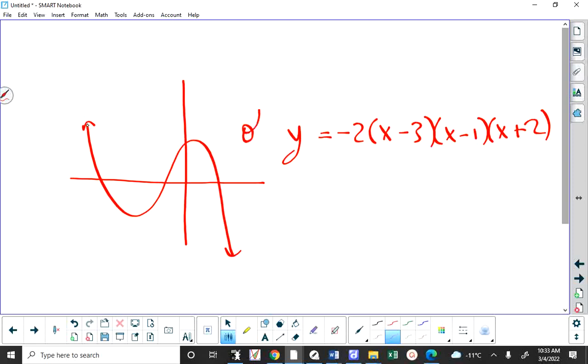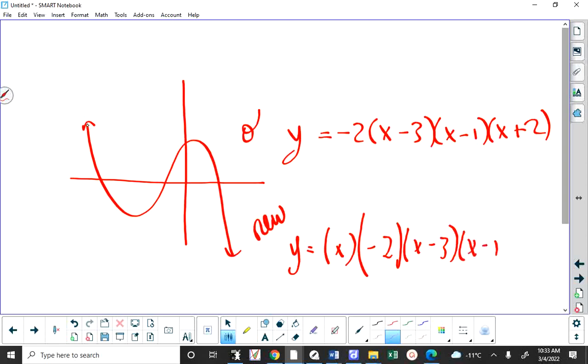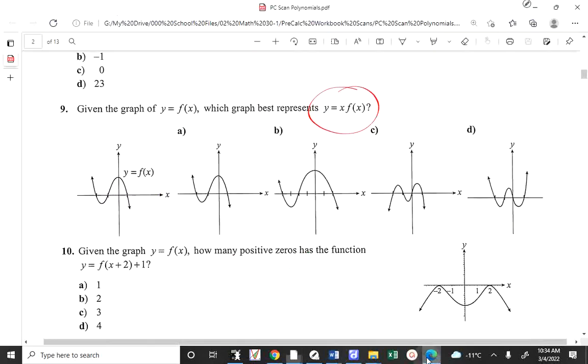This is the old one. The new one will be x times that, which is going to be a degree 4 polynomial function with a negative leading coefficient. Have a wonderful rest of the day, you guys, which means it has to be C. It's really a slippery question, but it's kind of cool. We'll talk to you guys later.